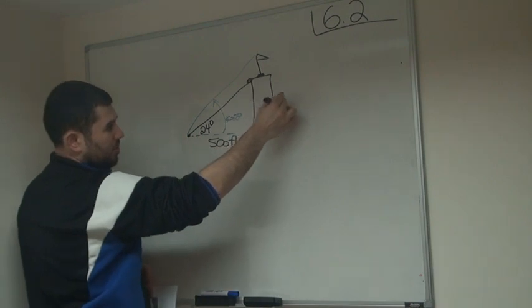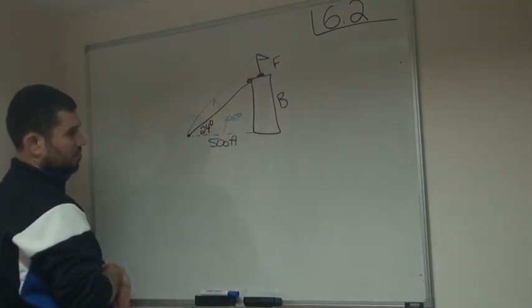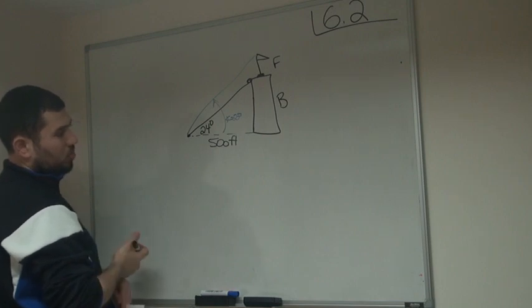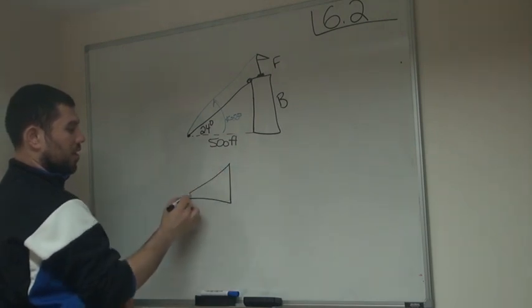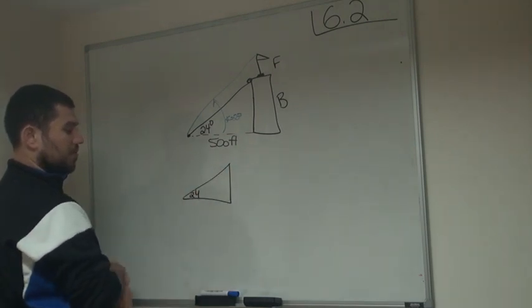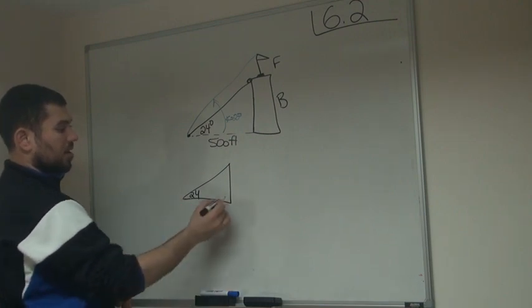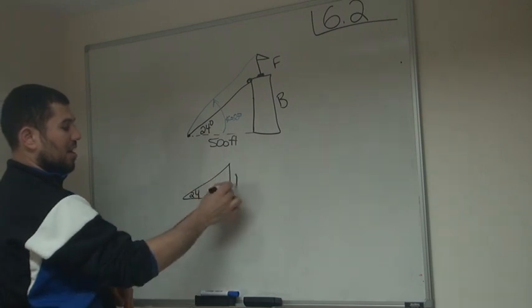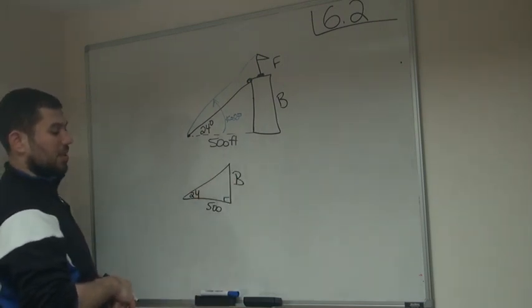So the building is B, I'm going to call it, and the length of the flagpole F. I have two different scenarios here. One is a triangle with a 24 degree angle, a 500 foot base, 90 degrees here, and B. Is there a way for me to solve for the height B?